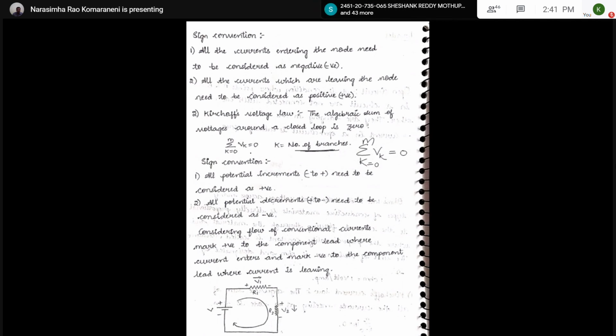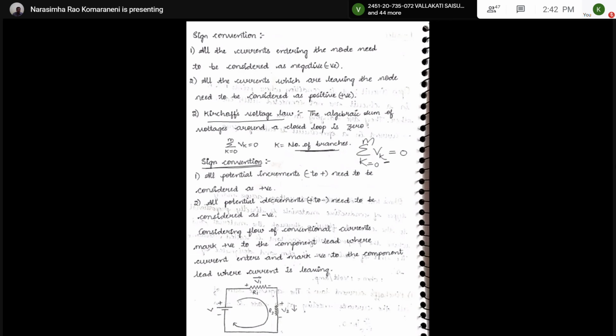Mathematically it can be written as sigma Vk equal to 0, where K is the number of branches. While writing KVL for any closed loop or circuit, you have to follow these sign conventions, that is, potential increments and potential decrements.